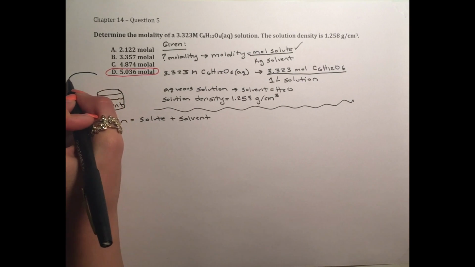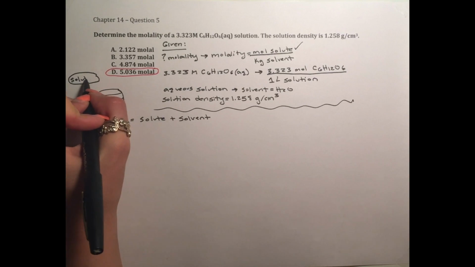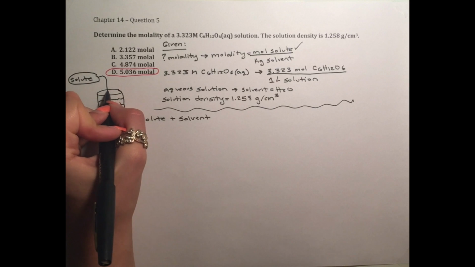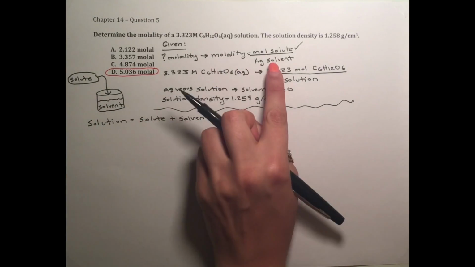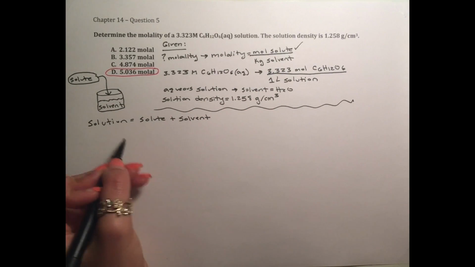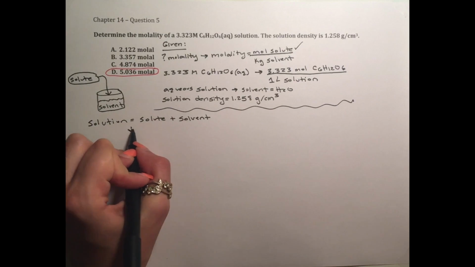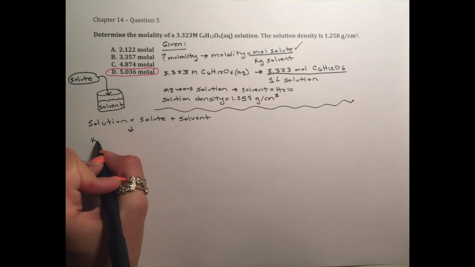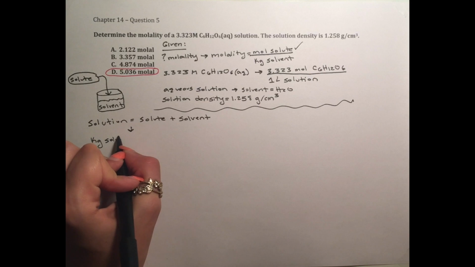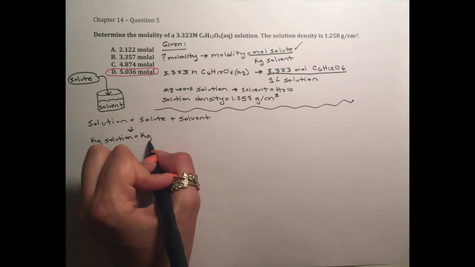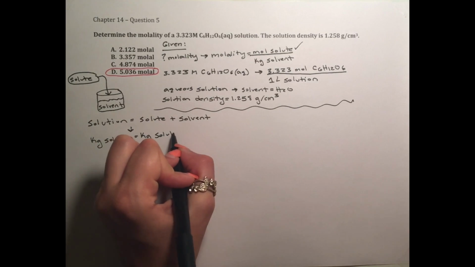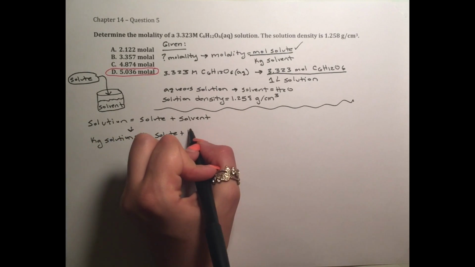And then we have some type of thing being added, and that is our solute. And there you go. Alright, so we need to know kilograms of solvent. So we can use this equation to say that kilograms of solution is equal to kilograms of solute plus kilograms of solvent.